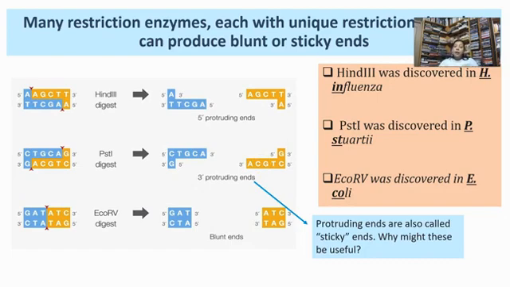So the protruding ends allow for the correct orientation to be the only possible outcome from your ligation reaction, other than the self-sealing. Of course, sometimes you can still get the self-sealing, but outside of it, the only way that you can get your cloned fragment in there would be in the correct orientation, because you would have accounted for that in your cuts.